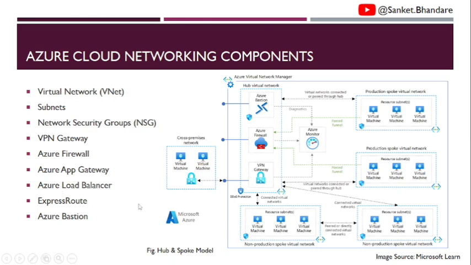So Azure also provides one more networking component, that is VNet peering, through which virtual networks can be connected. So non-prod VNets are paired through VNet peering, and all the spoke networks are connected to this hub network, and they are accessing all these resources for their use.